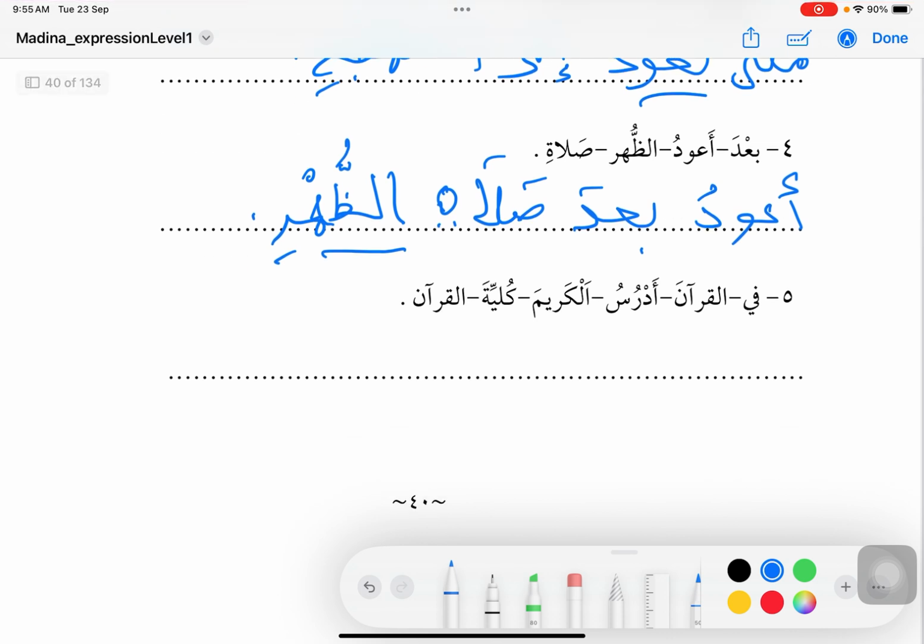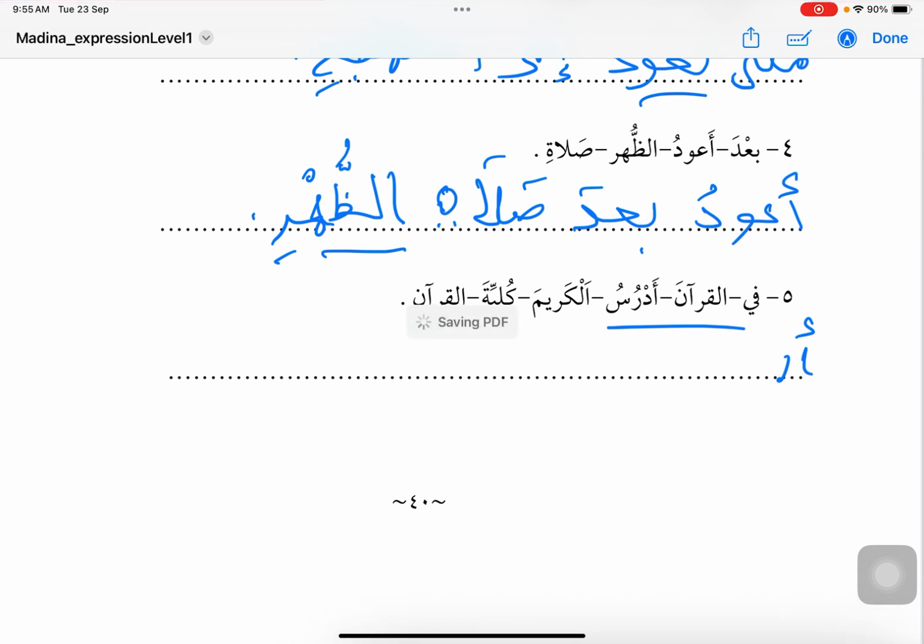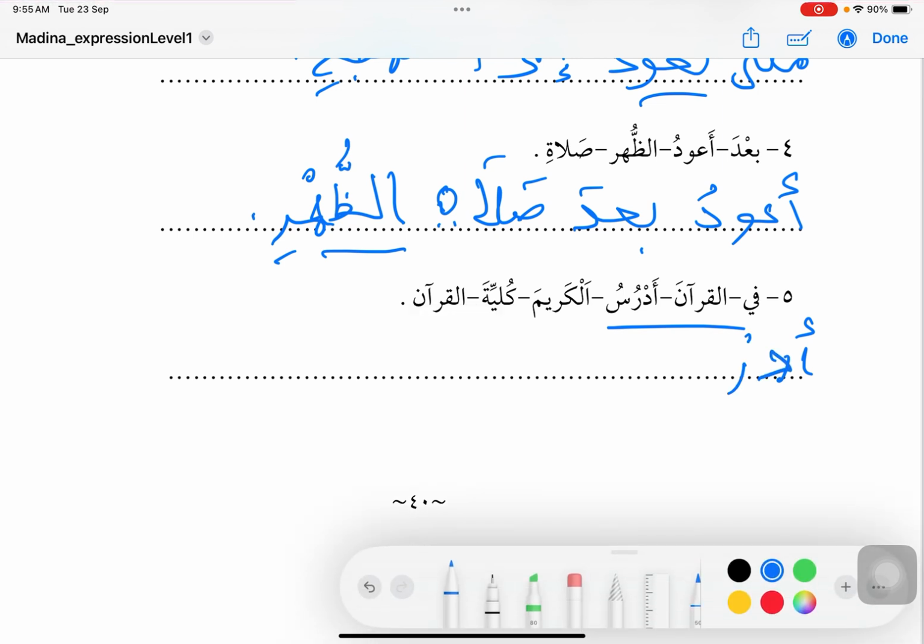Next one is adrusu. Adrusu fi kulliyati. Kulliya is the faculty or college, right? Fi kulliyati al-Quran al-Karim.